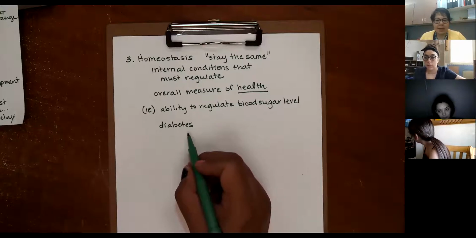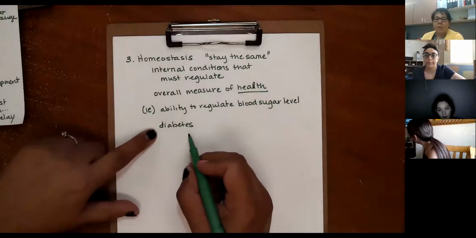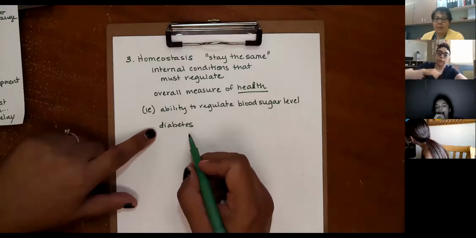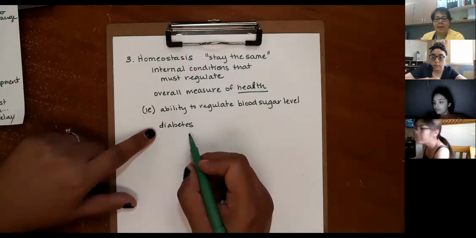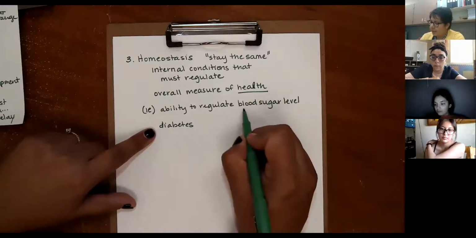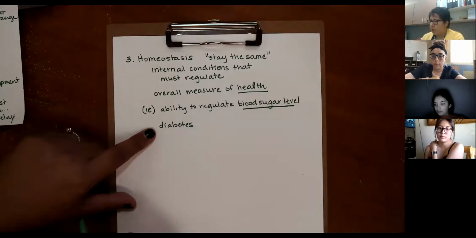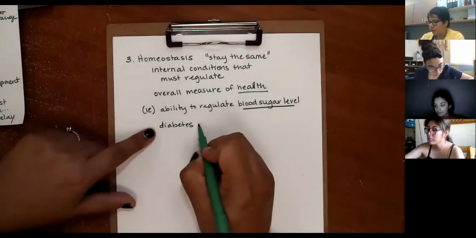In my opinion, diabetes is kind of the same way. 100% of the households in America either know someone or have someone that is impacted directly by diabetes, or they've been told they are possibly pre-diabetic. And so diabetes is basically a situation where it is a challenge to regulate your blood sugar level.